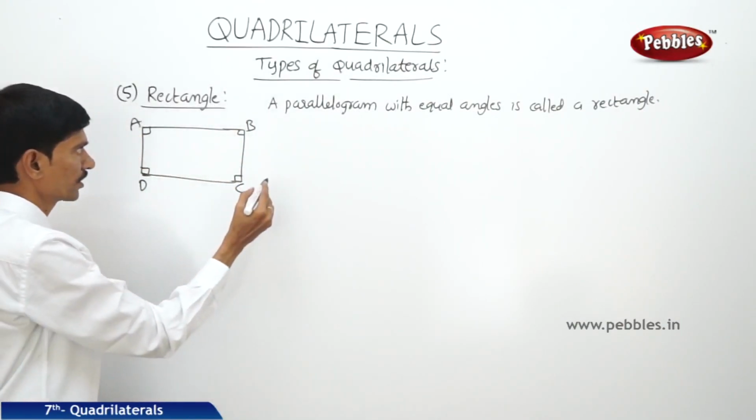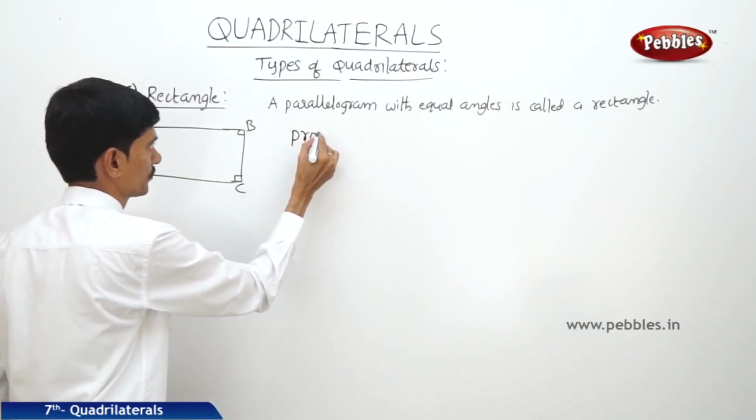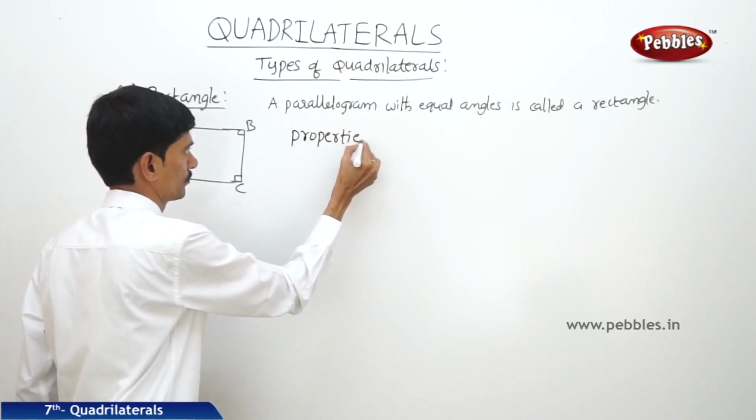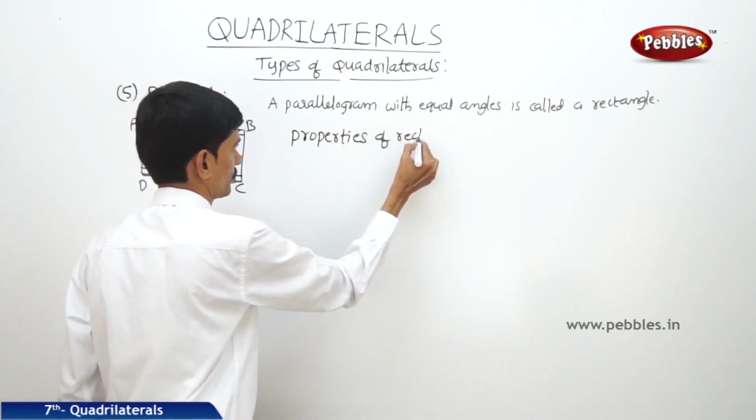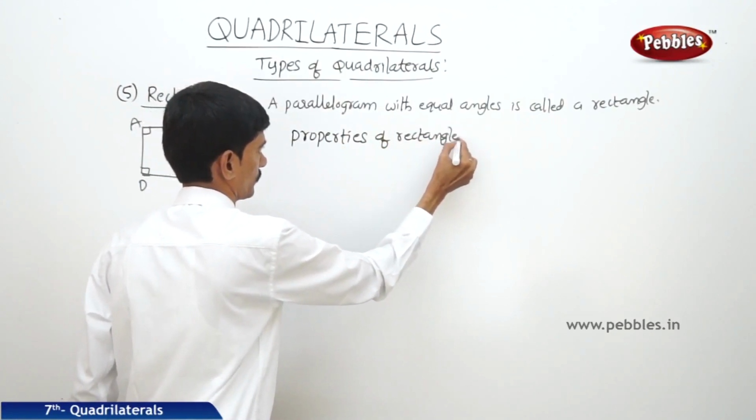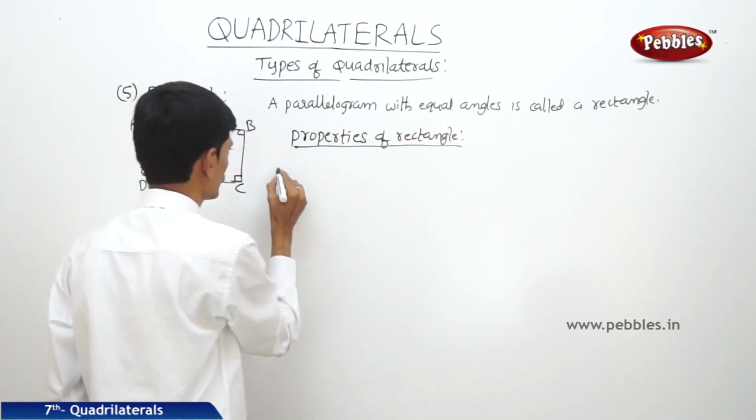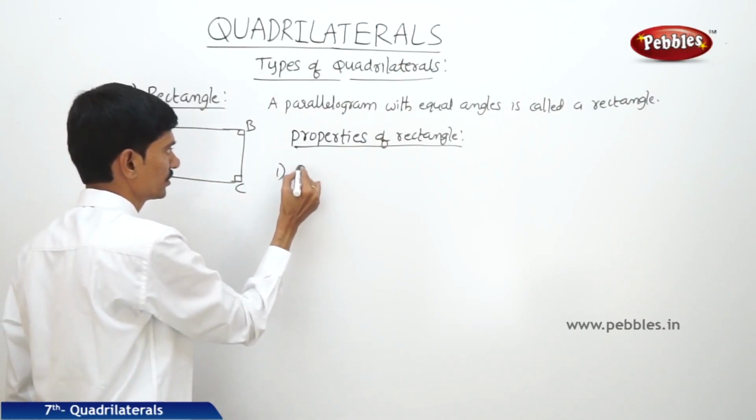Now, what are the properties of rectangle? First property, opposite sides are equal.